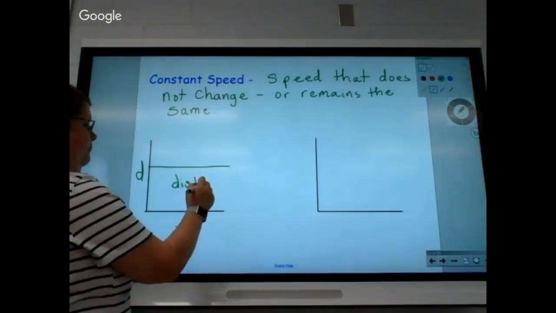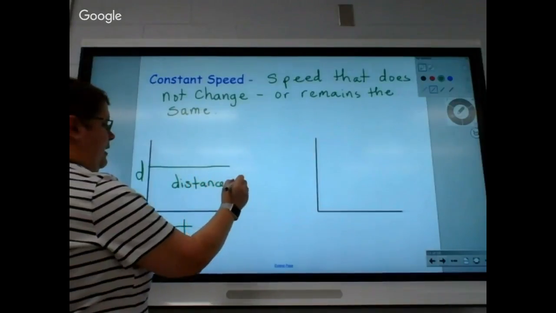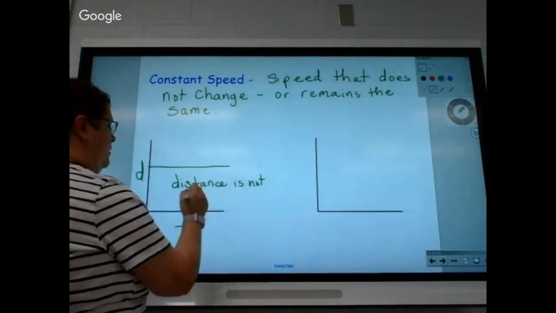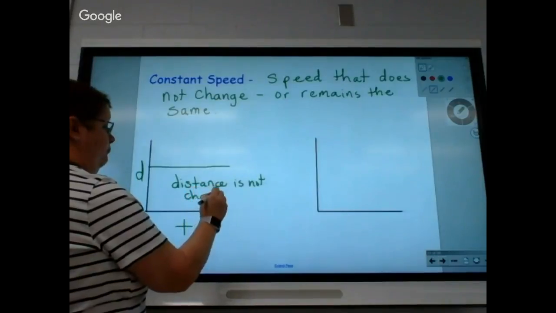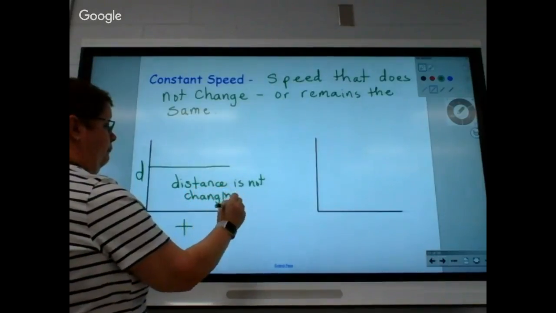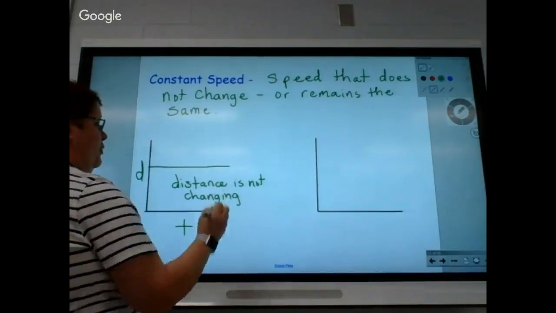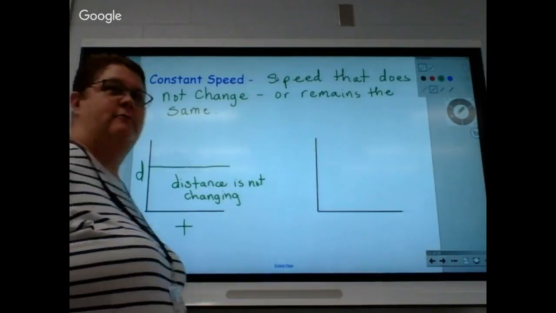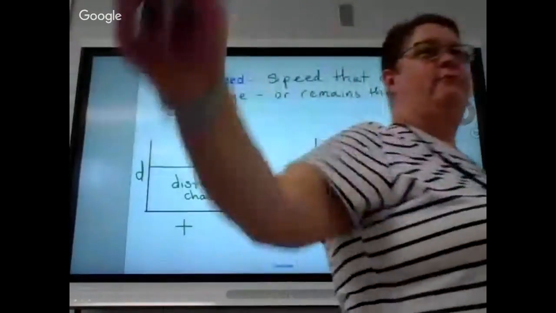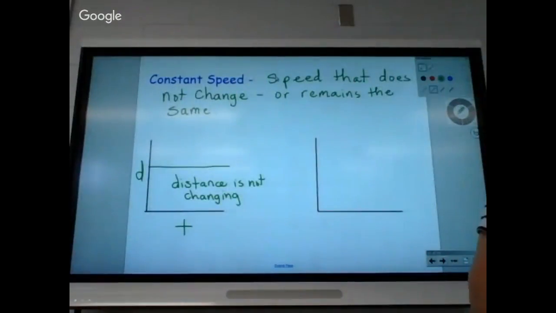Distance is not changing. So what's happening if your distance is not changing? That is beautiful. Y'all are sitting still. This graph right there is y'all right now. What y'all doing?